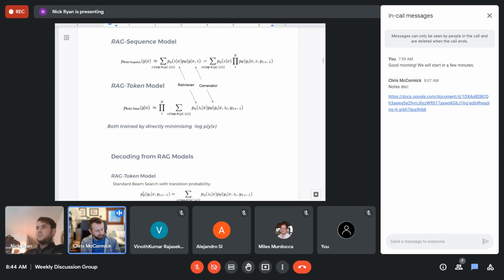Yeah. Do you think that's true to the point that RAG sequence might be more accurate in those cases? That with RAG token, you're just creating the chance for it to get confused. Yeah, you're giving it a little chance to... it's both expensive and, I don't know, this is sort of speculation.